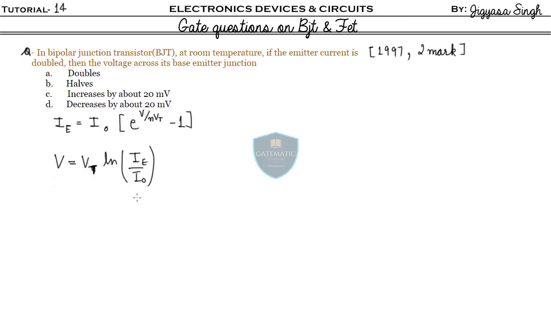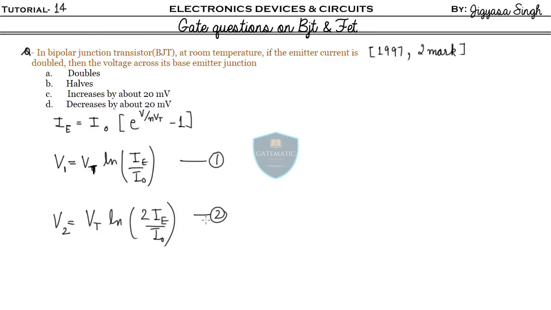Now this is what is originally happening. What is it saying? It is saying that the emitter current is doubled. So can I write it like this? That the emitter current is doubled means it is this. Obviously, suppose this is my equation 1, this is my equation 2, and I'm taking the original one as V1 and this as V2.